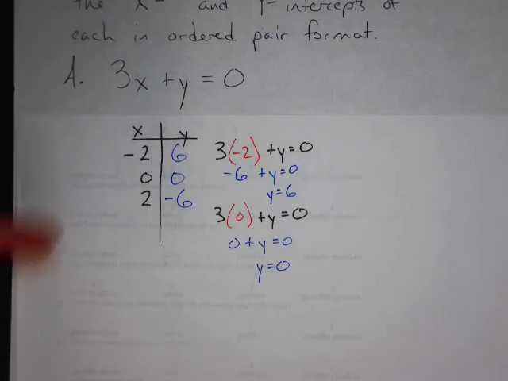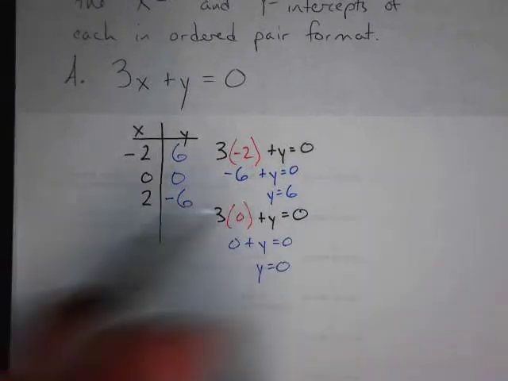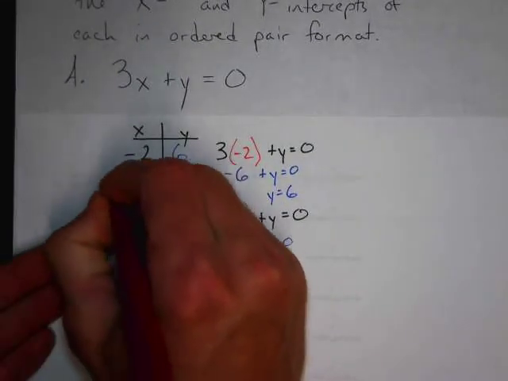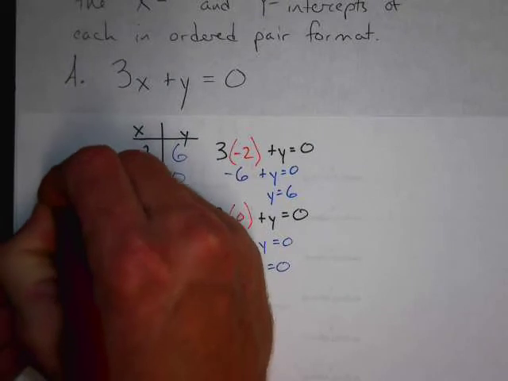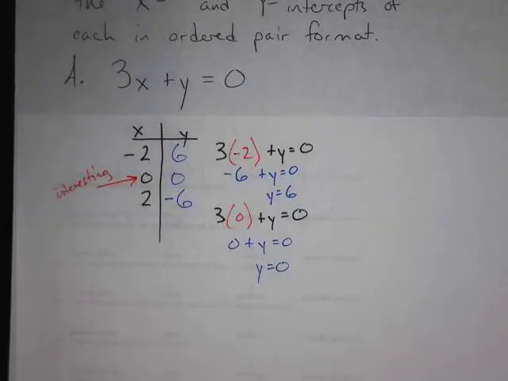But let's talk about x equaling 0 for a second. X equaling 0, what's interesting? If we just focus on that particular ordered pair, this is an interesting ordered pair. So let's mark that as interesting because it's a thing. It's interesting because if x is 0, what we're actually getting is the y-intercept.